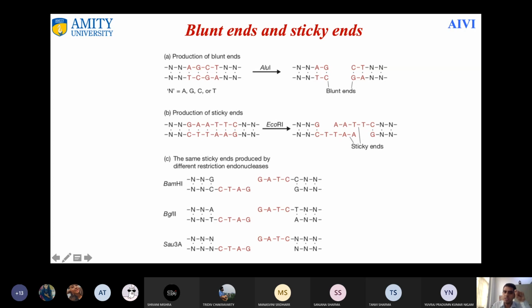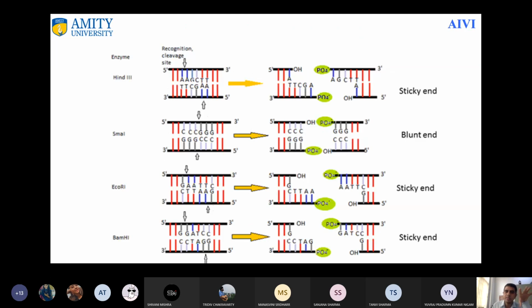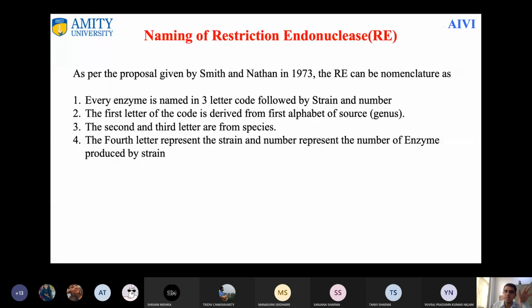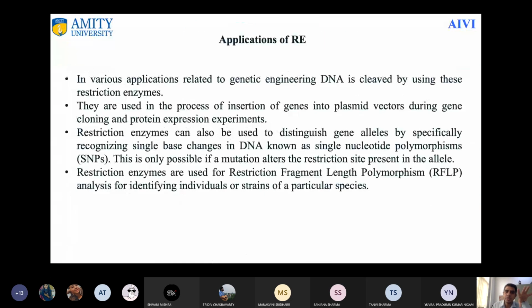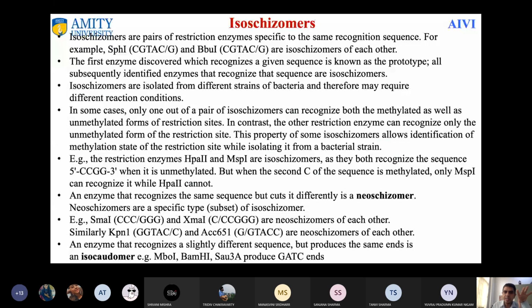All of them are going to have a GATC overhang. So such enzymes which are recognizing different sequences but producing the same overhang, or the same hanging parts, we call them isocaudomers.